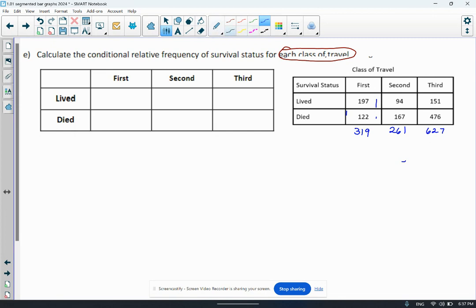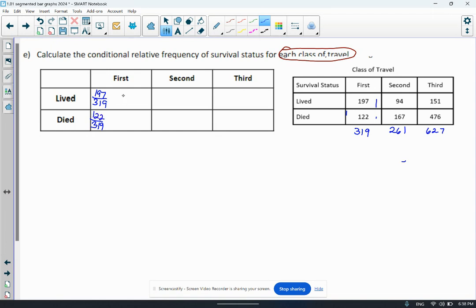So, how many of the first class survived? So the condition is first class, and the same thing here. We're only looking at first class. And 197 survived, whereas 122 did not survive.